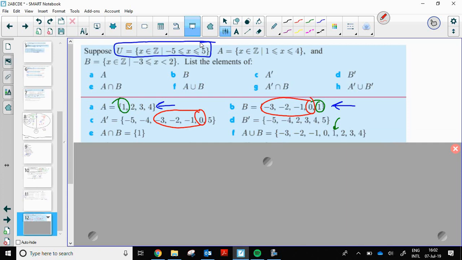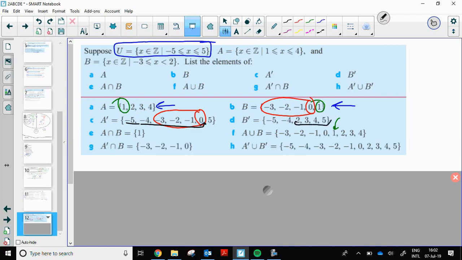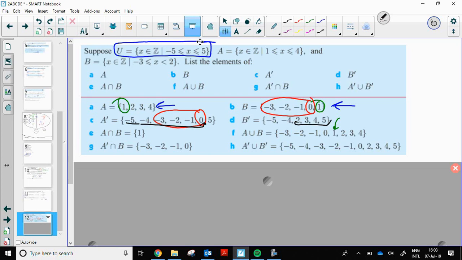So that's going to be our intersection for not A and not B. And then letter H is going to be our union of not A and not B. And that's going to include pretty much everything except, as we look at these two lists, what number is missing. Here we're starting at -5 over here, going all the way to 0. Here we skip 1, and we just have 2, 3, 4, and 5.